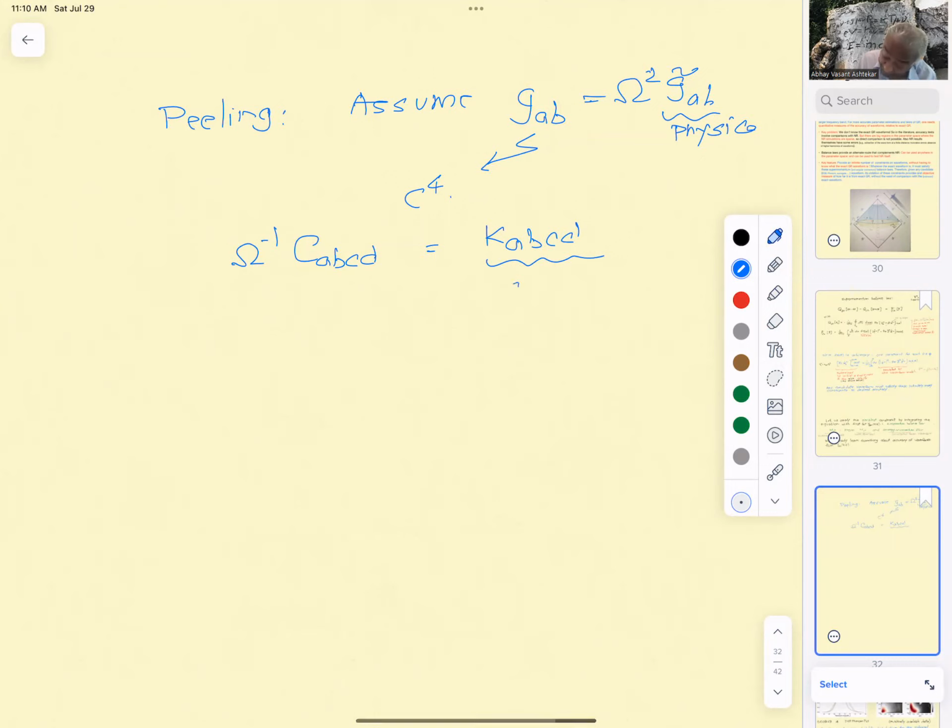So this requires g to be C3. And then finally, in the balance laws and various other things, one uses the Bianchi identity with respect to this. Because I'm taking a derivative, that means that g has to be C4.